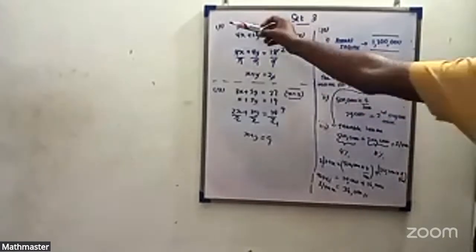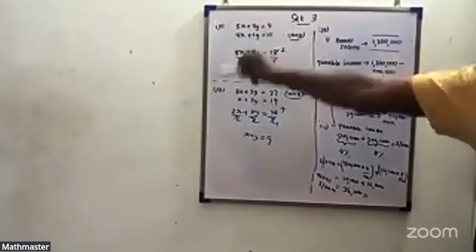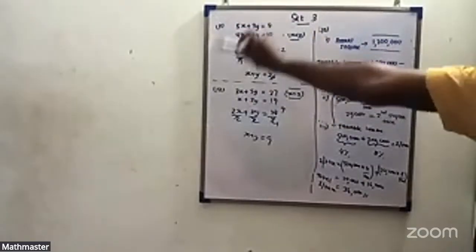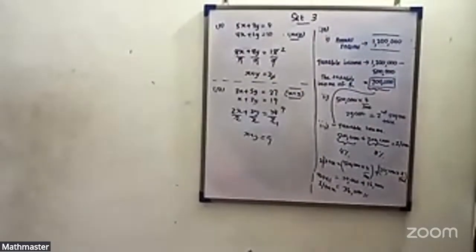So especially in these 11th and 12th questions, keep in mind when they give you "without solving," it means you can't write equation number 1 and 2. Remember that. Right. No questions, right? Okay, let's move to the next one.